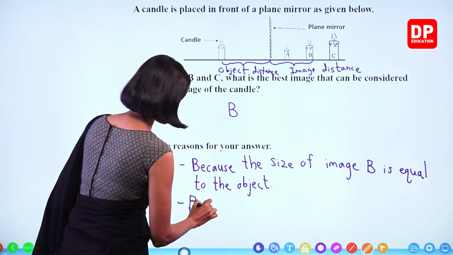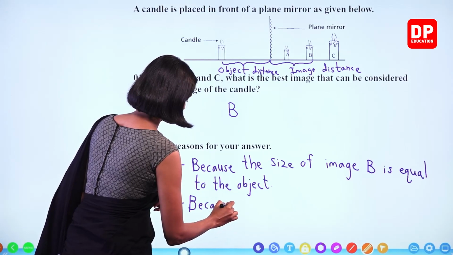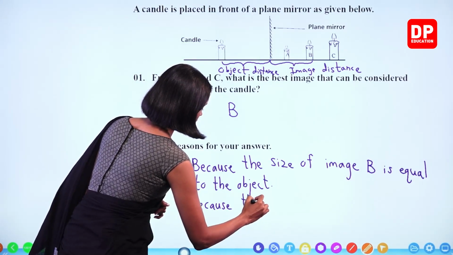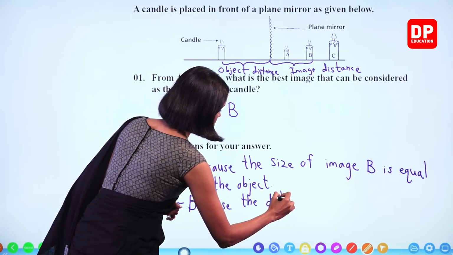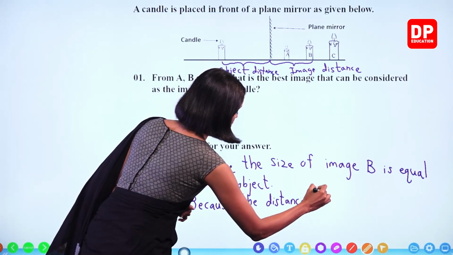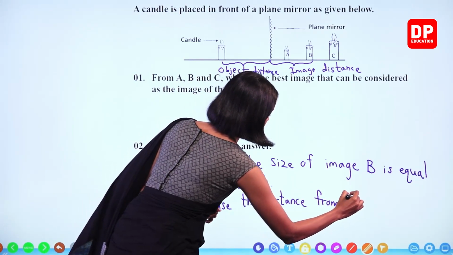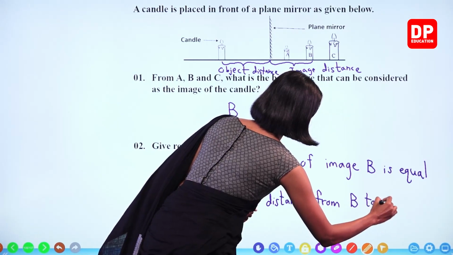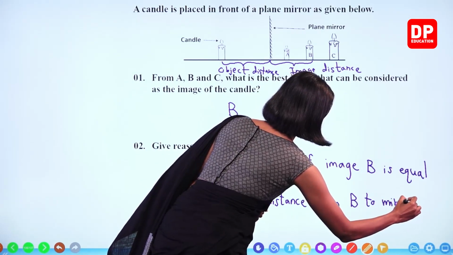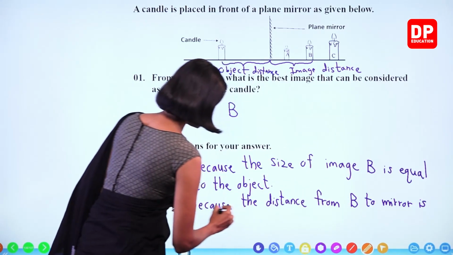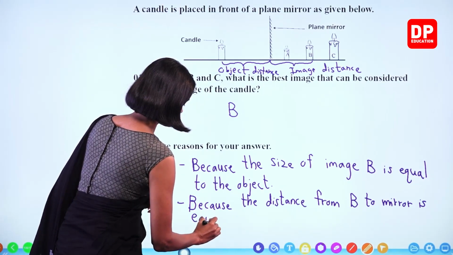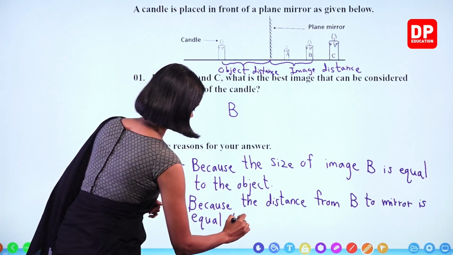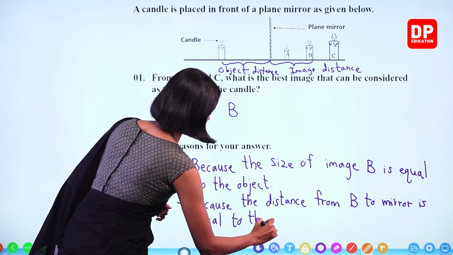The second one, because the distance from B to mirror is equal to the object distance.